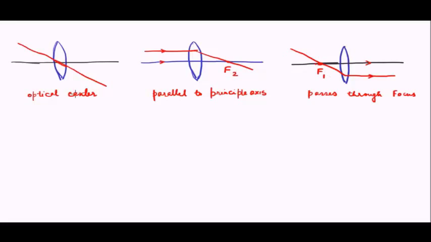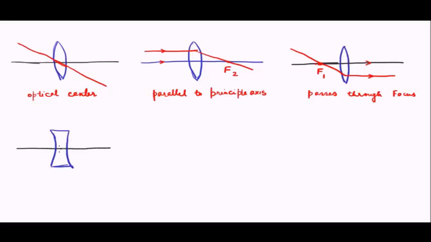Now let us jump into the discussion for the concave lens and similar scenarios over there. The concave lens will be something like this, and the principal axis will be like this.